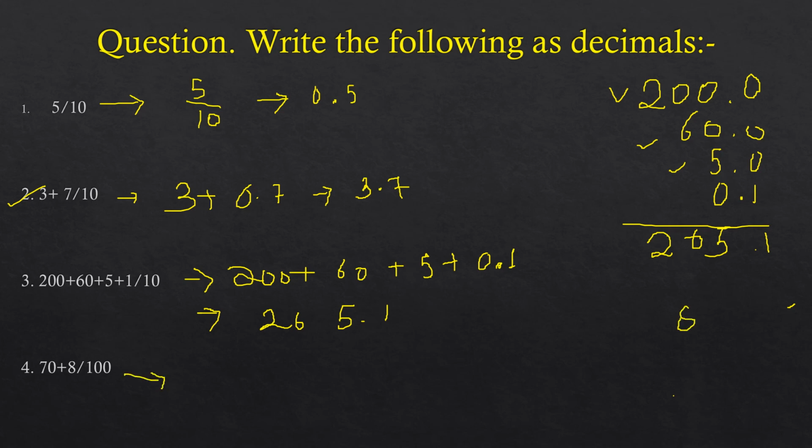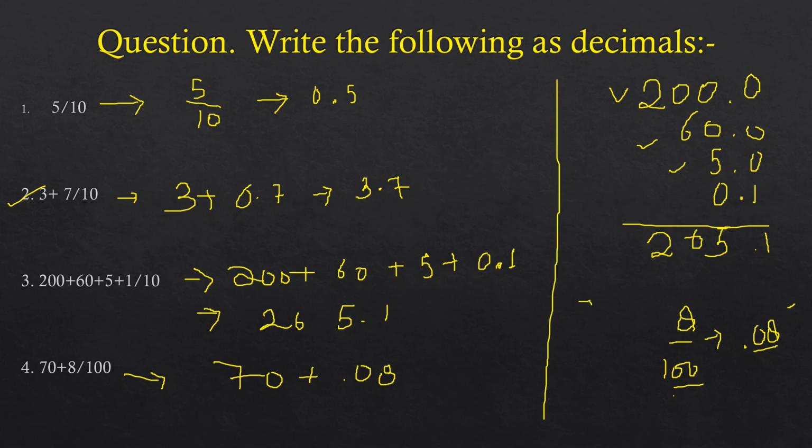Now the next question is 70 plus 8 by 100. Now you are having what? 8 by 100. 100 means two decimal places. We need two decimal places. Therefore we have one digit, 8, already, and we will insert one zero here, and we will get the two decimal places number. Therefore we have to add 70 plus 0.08. So let us add here. We are having 70 and 0.08.